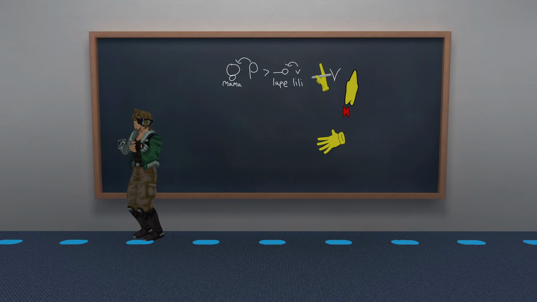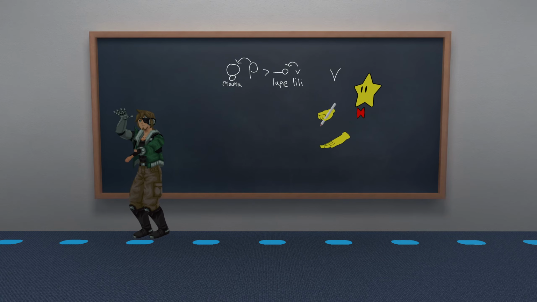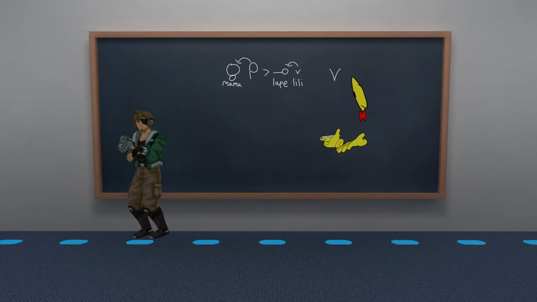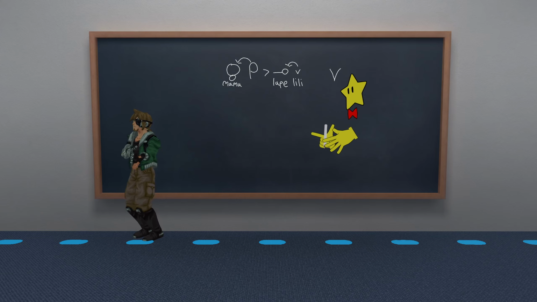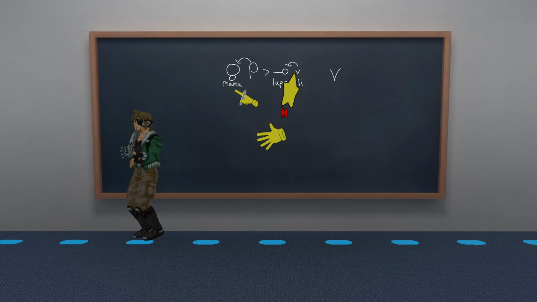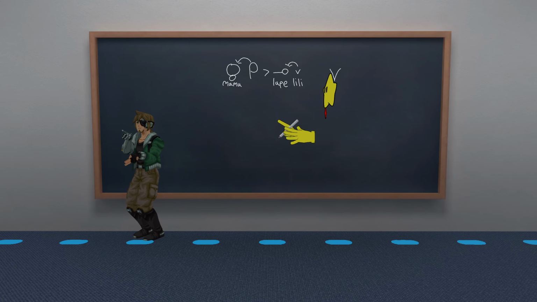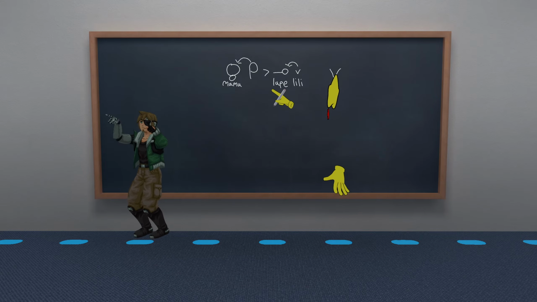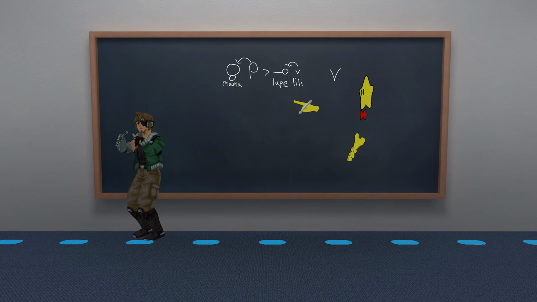So that could be short, it could be narrow, it could be thin. You get the idea. And so let's put this sentence together. Mama mi, maybe my dad. Li lape, sleep.